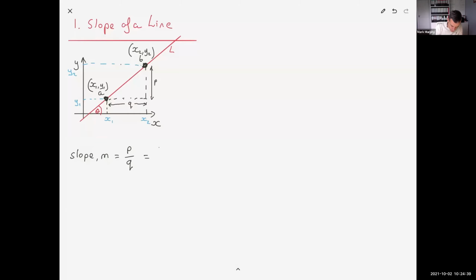So let's write that down. y2 minus y1. Again, remember, y2, y1, they're numbers, they're known values, okay? So that's important. So it's y2 minus y1. And similarly, Q is the distance from x1 to x2. So in other words, it would be this distance minus this distance.